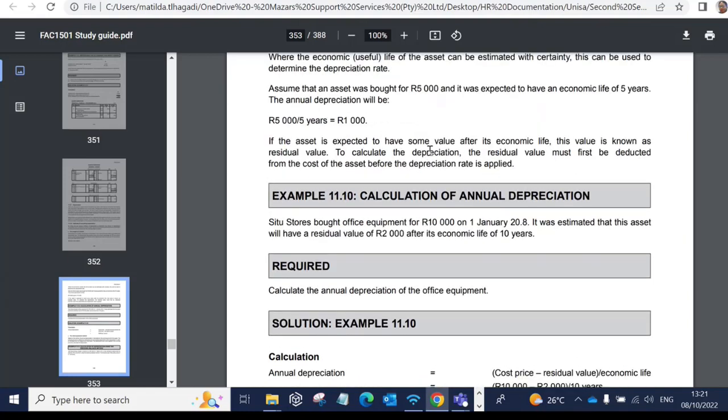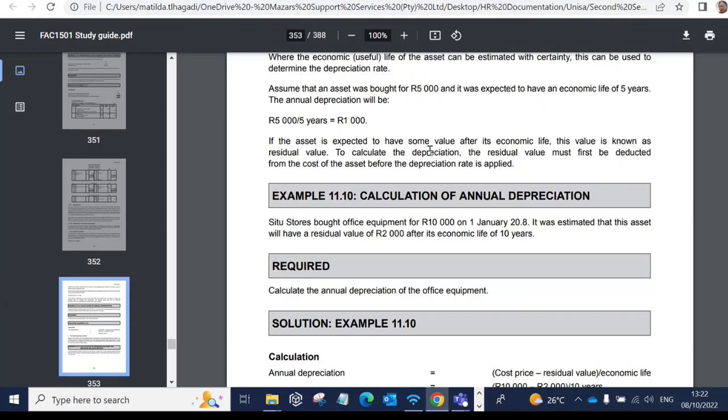Calculation of annual depreciation. C2 stores bought office equipment for 10,000 on the 1st of January. It was estimated that this asset will have a residual value of 2,000 after its economic life. Calculate annual depreciation of office equipment.